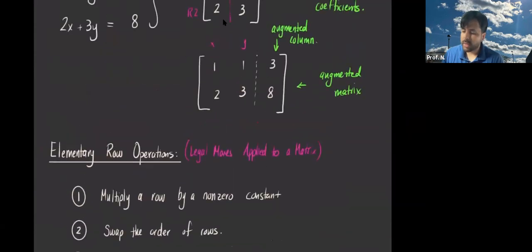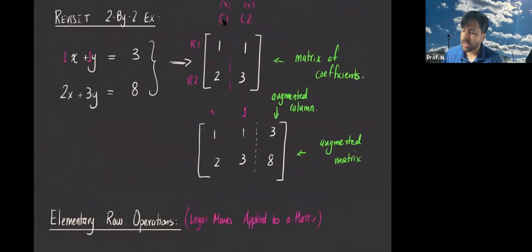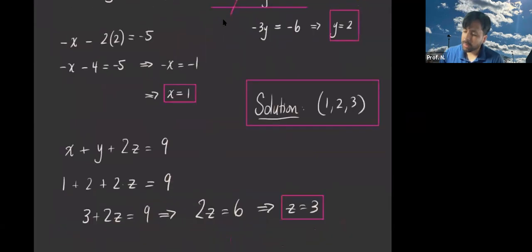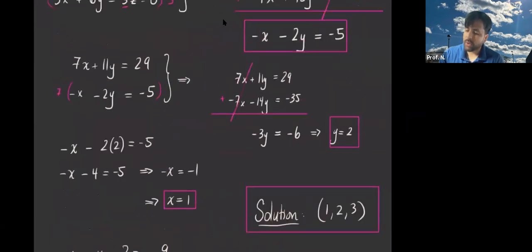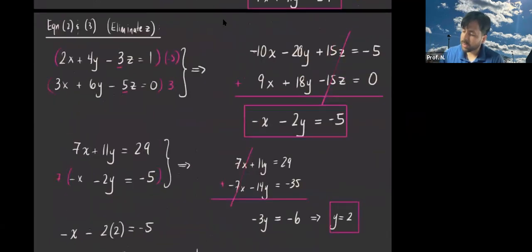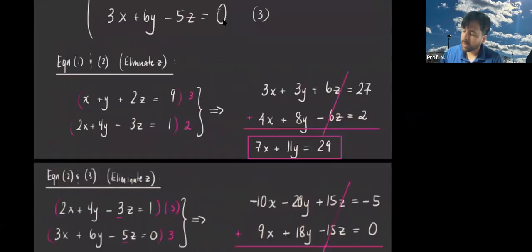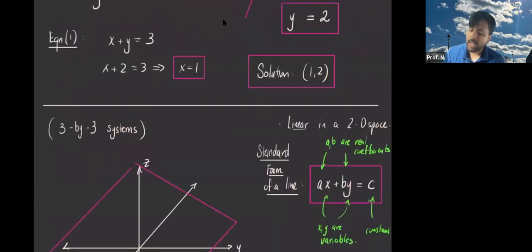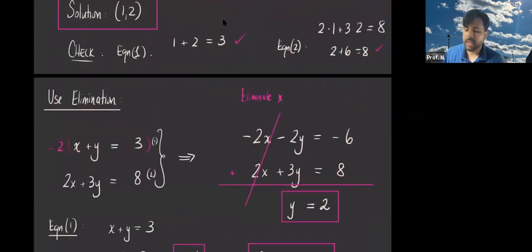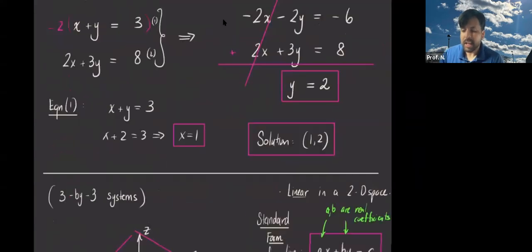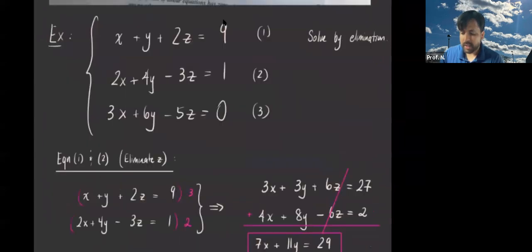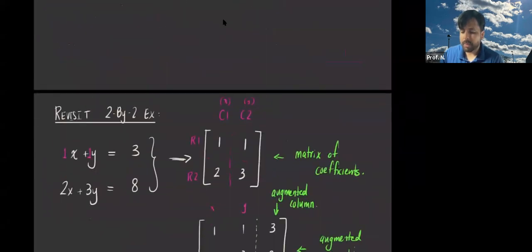The moment you said, let's multiply this equation by -2 and add it, and you eliminate the x's, that is the same thing as applying this third row operation.